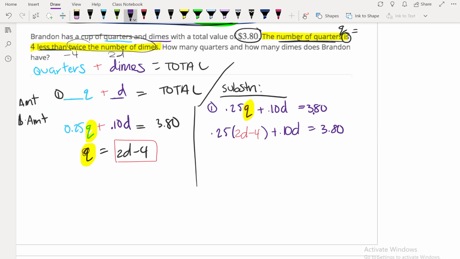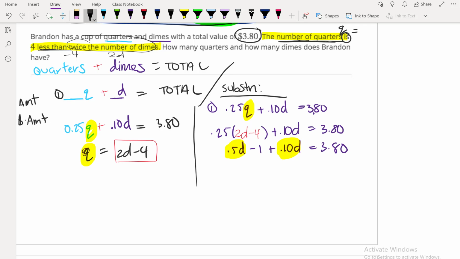So now 0.25 times 2 is going to give me 0.5. And 0.25 times 4 is going to give me a 1. And it's still equal to $3.80. Now I can combine 0.5 and 0.10.